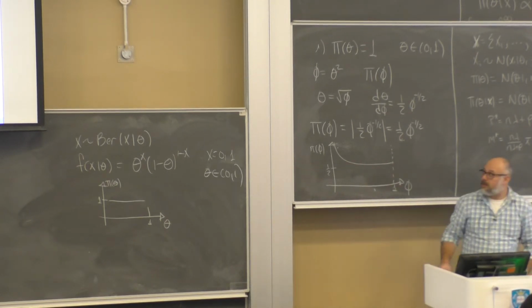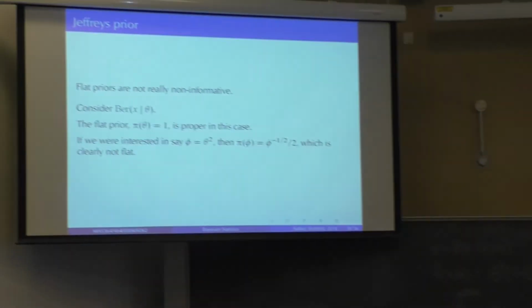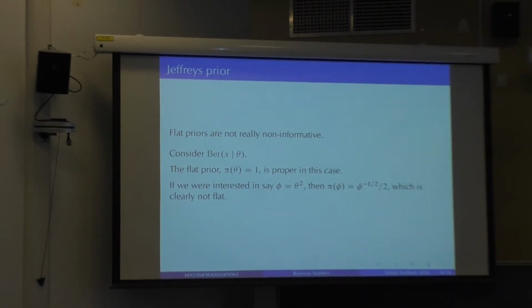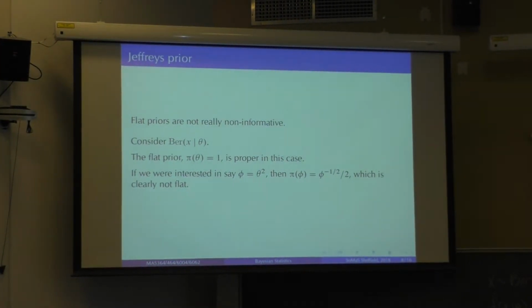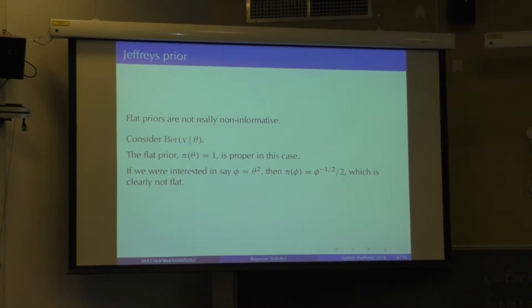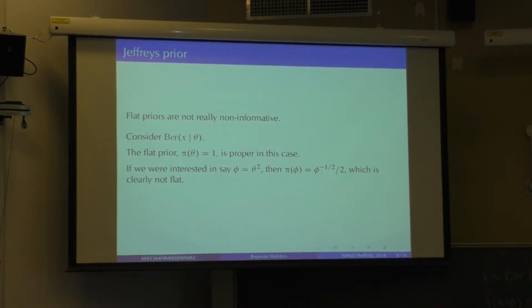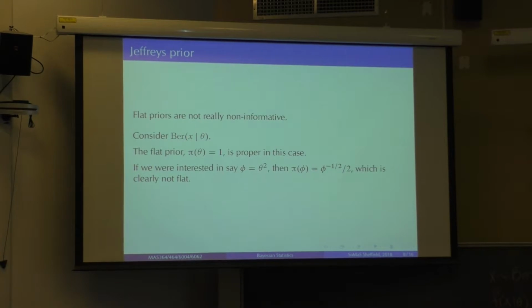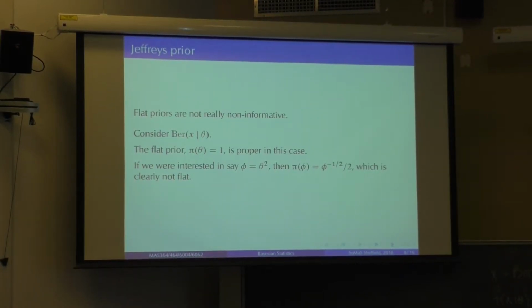So flat priors are usually not really non-informative. They're just flat in one parameterization. And that can be a problem if you want to do Bayesian inference in a non-subjective way. And this is something that was an active field of research. It still is, very much less so, but it still is. But it was a very active area of research back in the 80s and 90s.